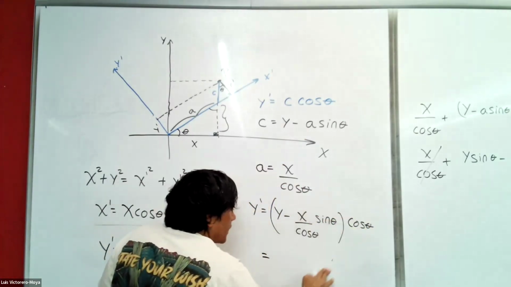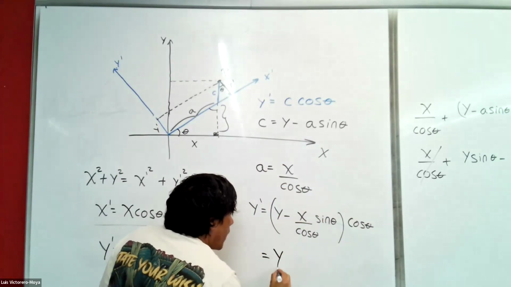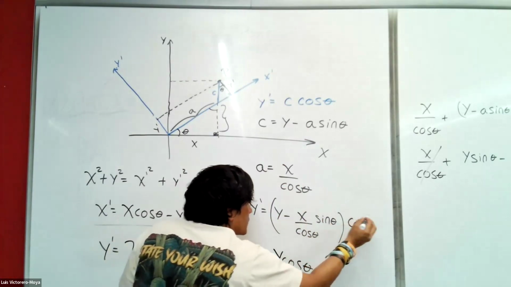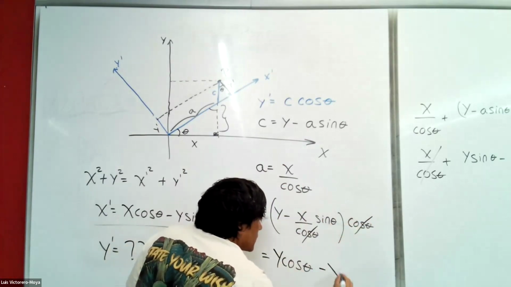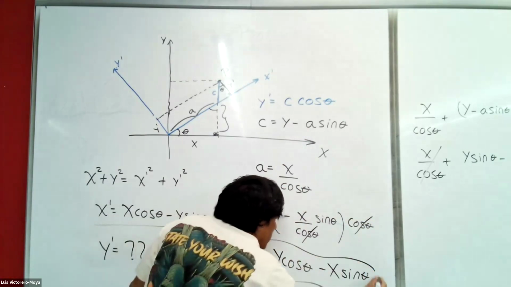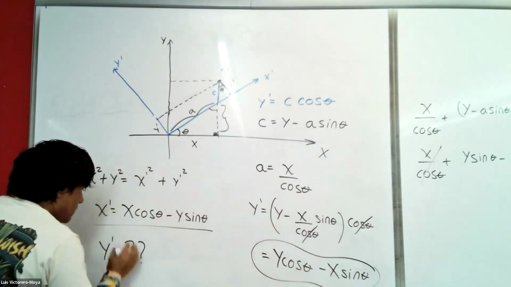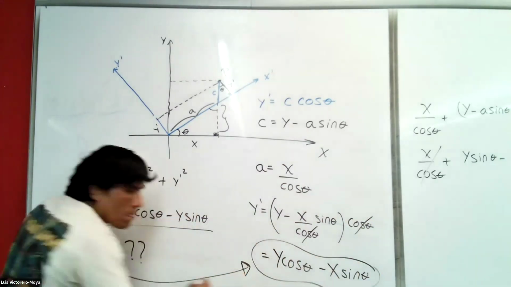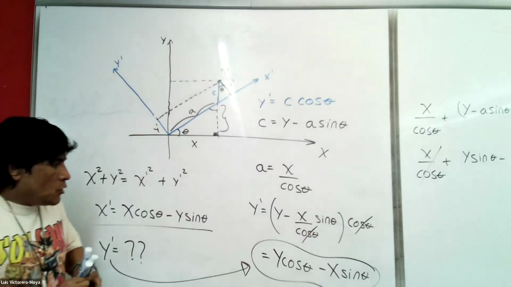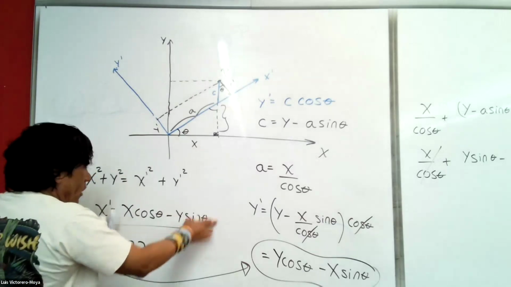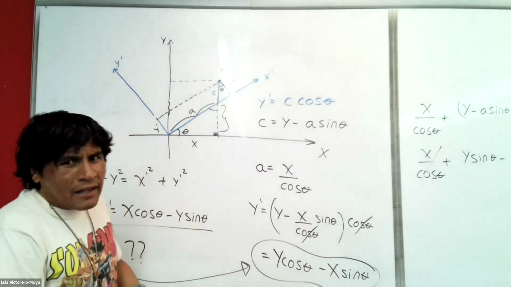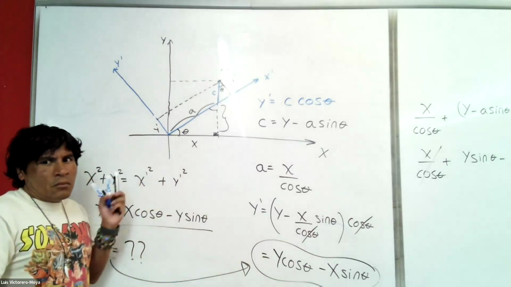Easy: y cosine theta minus x sine theta. There you have it. That's your y prime. Then you can just do the square of this plus the square of this. Sine squared plus cosine squared is equal to 1. That's how you prove that they're both equal to each other.